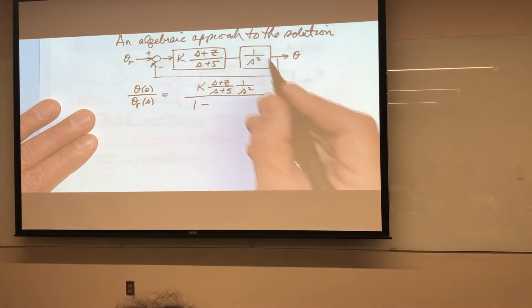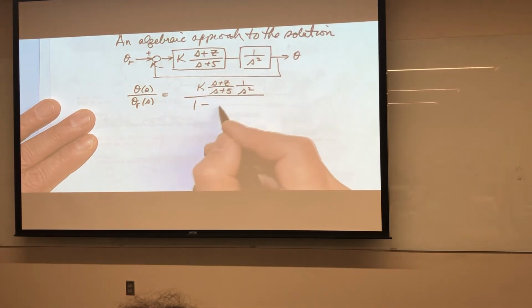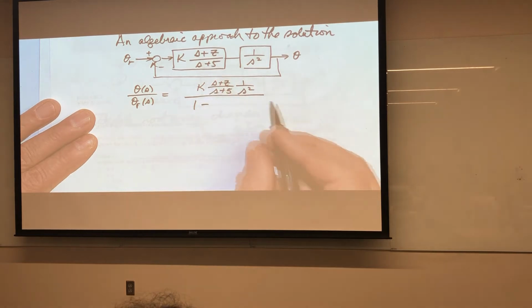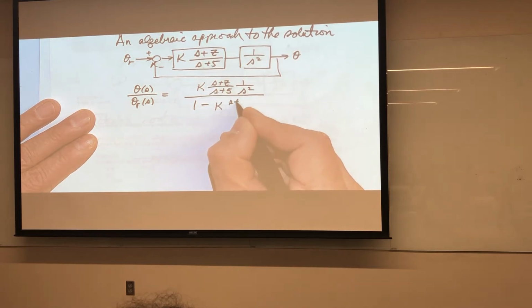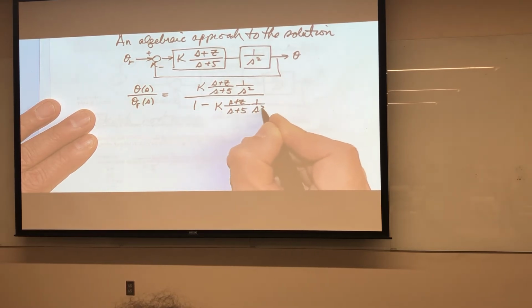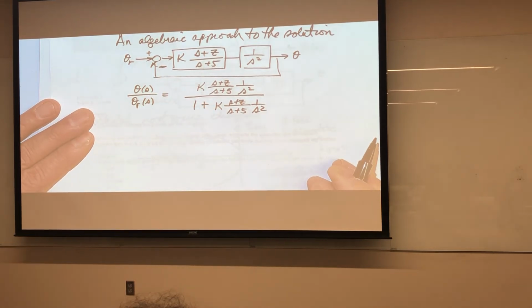And the loop gain in this case is a similar function. This is a 1 down here. If we had something else in the bottom, we'd have to include that as well. If we had something in the feedback path, we have to include that as well, but this example doesn't have that. This minus sign is going to cancel out this minus sign, turn it into a plus sign.